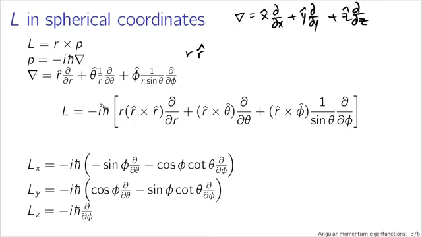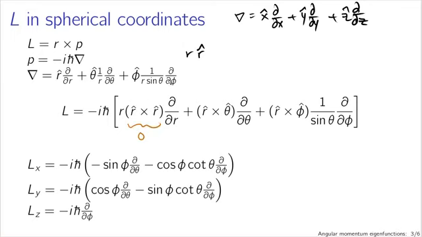I can pull my minus i h bar out, and this is what you end up with, simply taking cross products r cross theta, and r cross phi. Where here I had a 1 over r in my gradient, but it's been cancelled out by the r coordinate multiplication in my position operator. Likewise for phi. There was a 1 over r here as well. This can be simplified slightly. You know that r cross r is going to be 0.